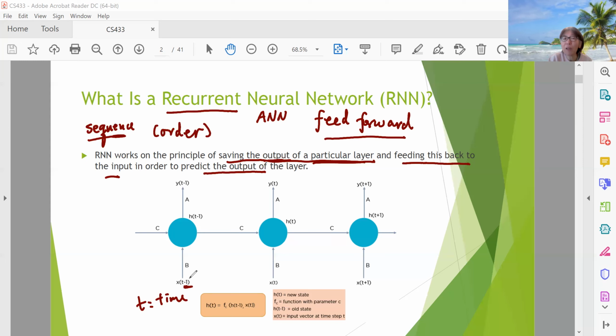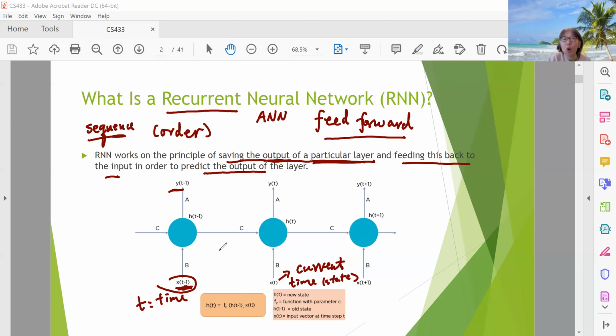So t is the current time, or we call it the current state, and t minus 1 is one time step before. So x is the input and y is the output.